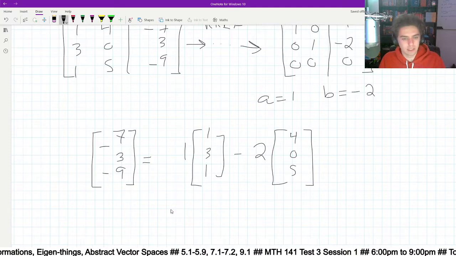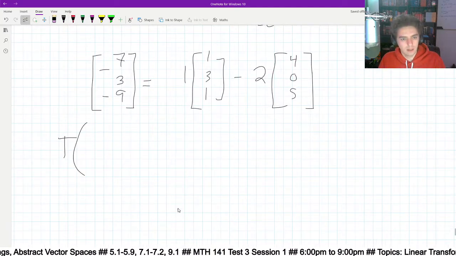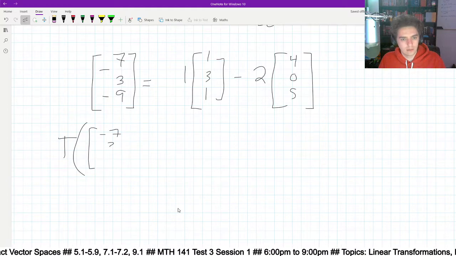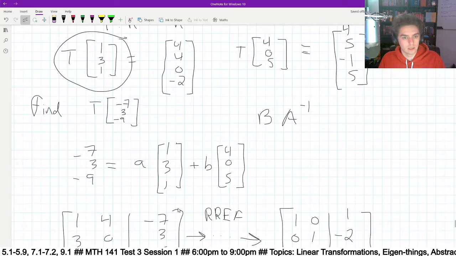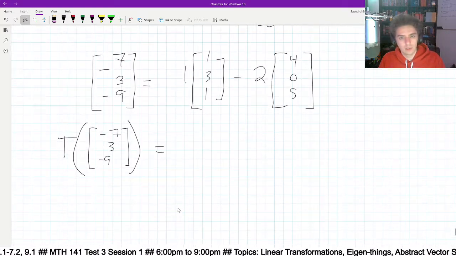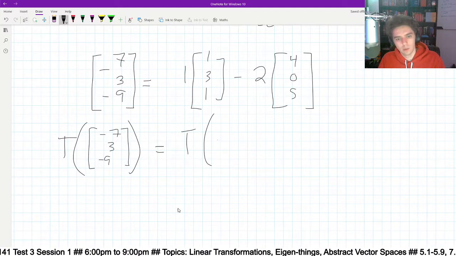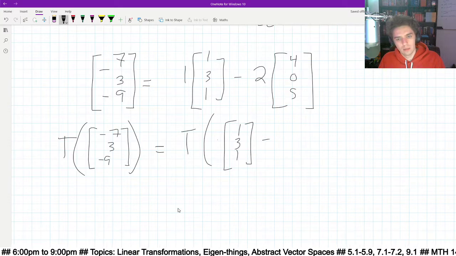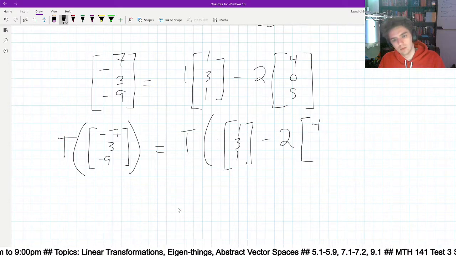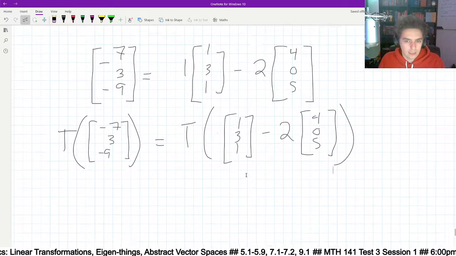let's take T of both sides. T of (-7, 3, -9), which is what the question asks us to find, is equal to T of (1, 3, 1) minus 2 times (4, 0, 5). But remember, this is a linear transformation.